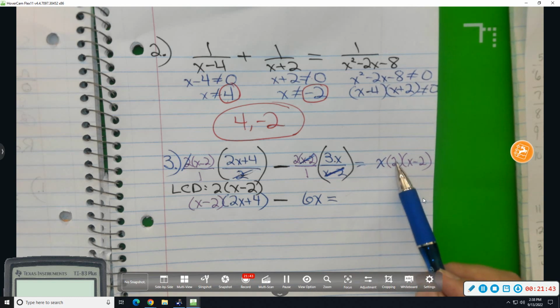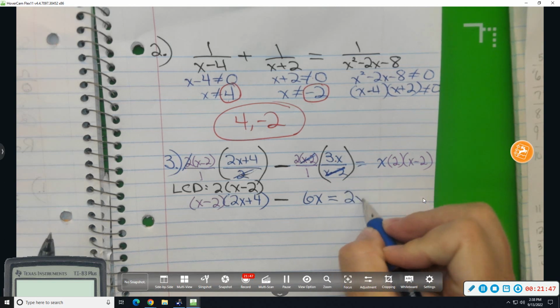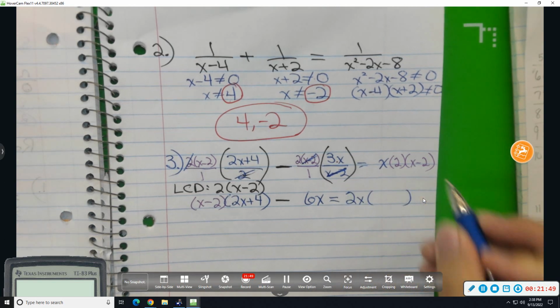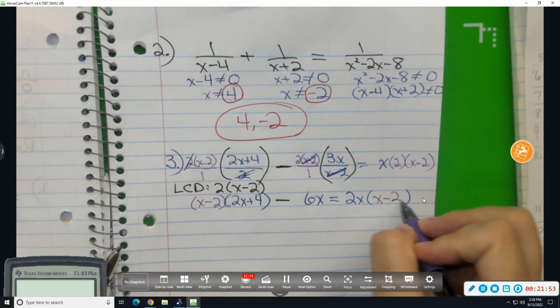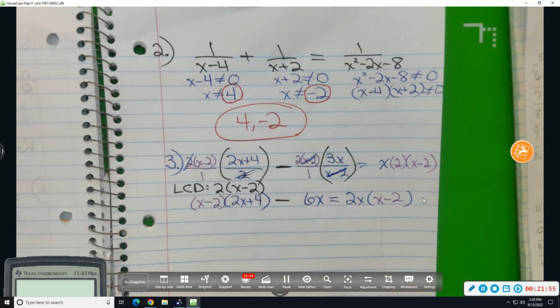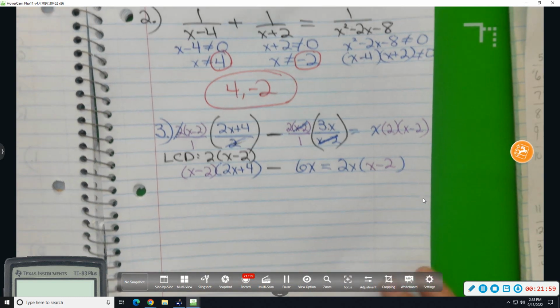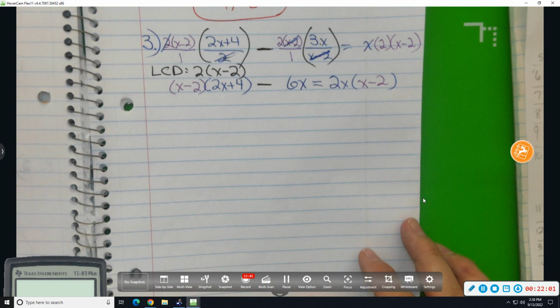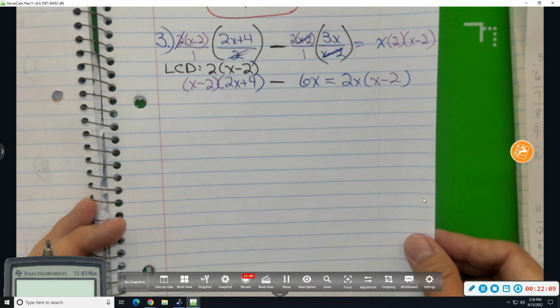X times 2 is the same thing as 2 times x times the x minus 2. That's another thing we could have distributed there, but I think I'll wait to do that. Wow, that looks messy. No, it looks bad. I'll tell you right now.